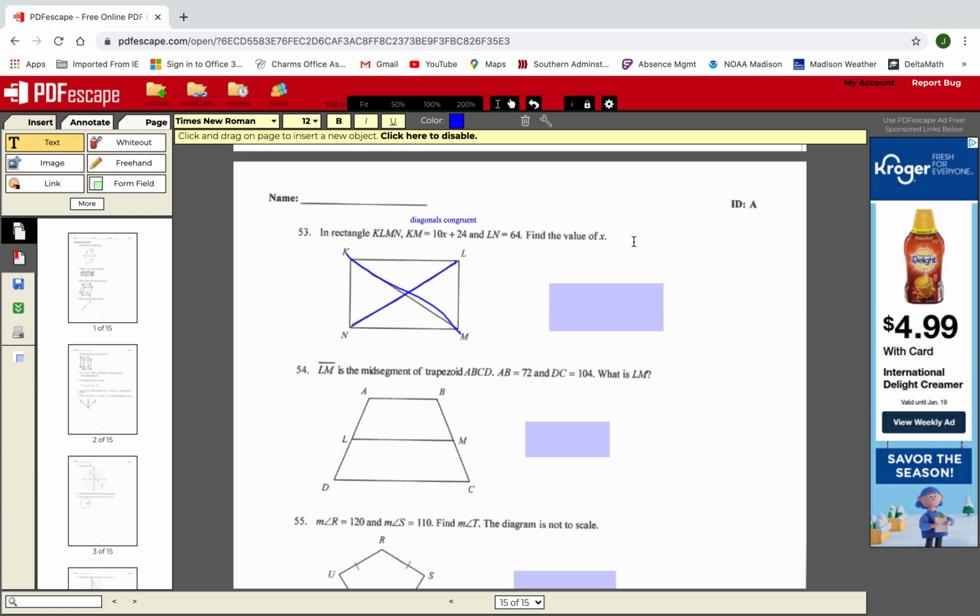So what that means is that those expressions are equal to each other, or 10x plus 24 equals 64. And solve for x. So you need to subtract 24 from both sides and get that 10x equals 40. So x equals 4. Well, that one was too easy.